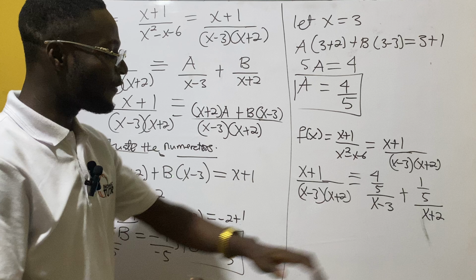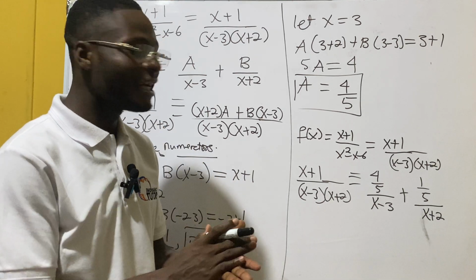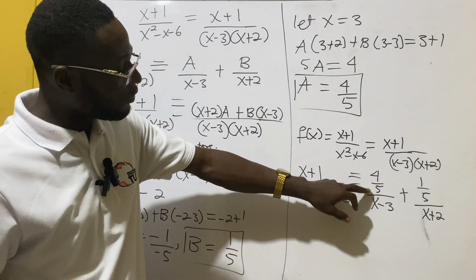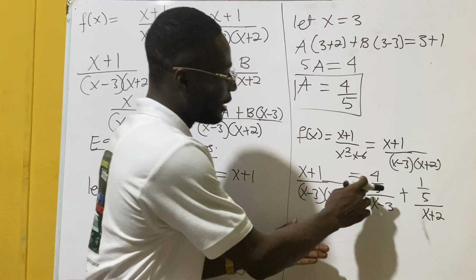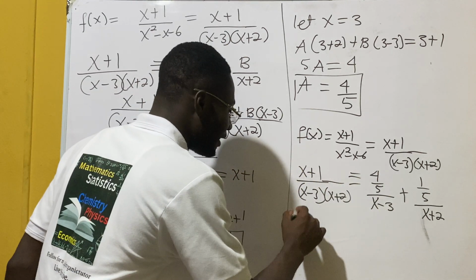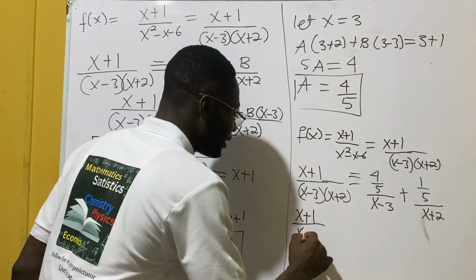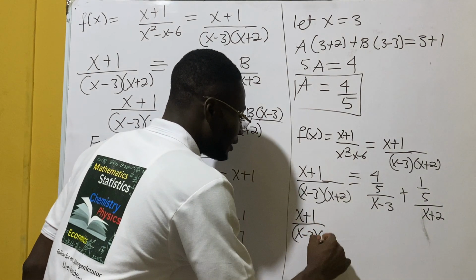Great. So once we have this information, what can we do? We can express it in this way, to have x plus 1 over x minus 3 into x plus 2.